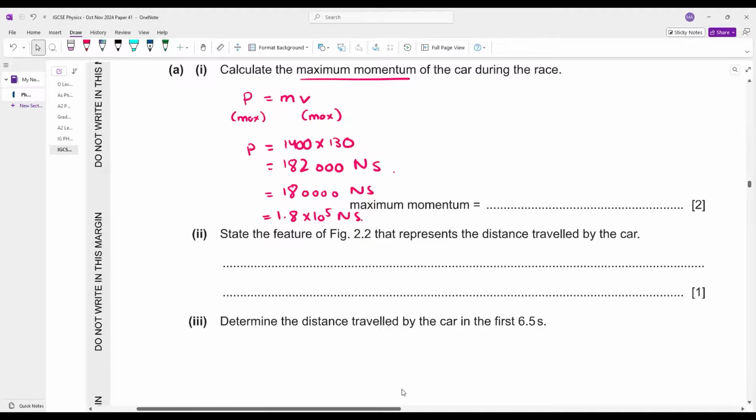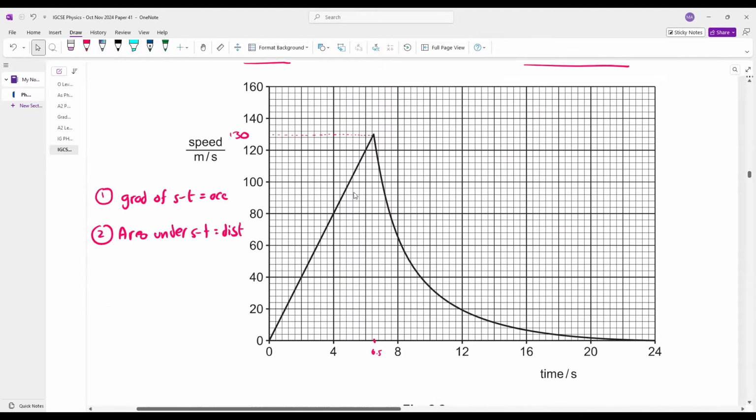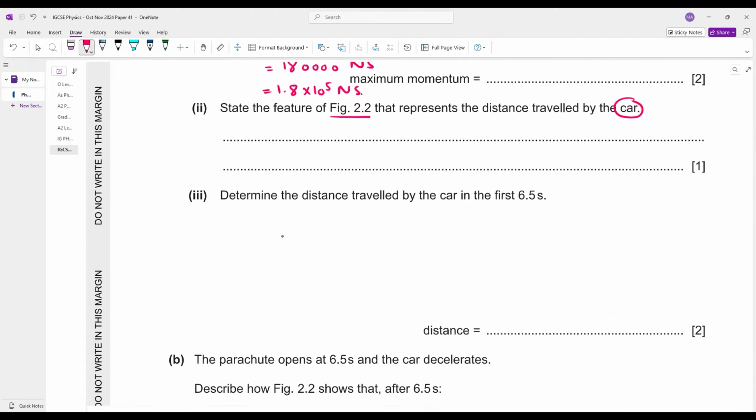Any answer is possible. State the feature of figure 2.2 that represents the distance traveled by the car. Which feature of figure 2.2 tells us the distance traveled by the car? Always remember, the area under the speed time graph is your distance.